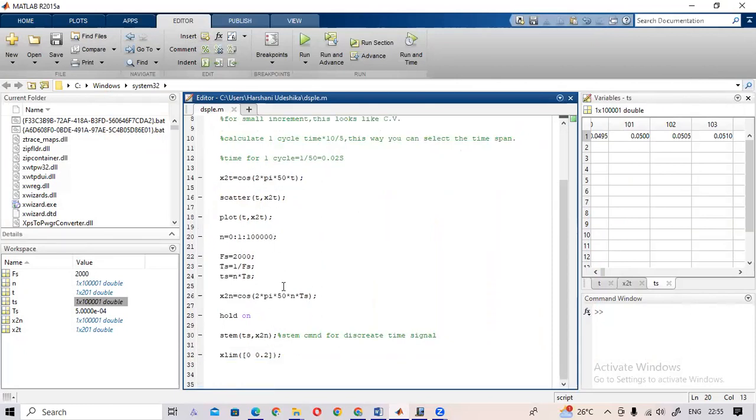If we increase the sampling frequency, fs, the reconstructed signal will be more smooth and accurate.